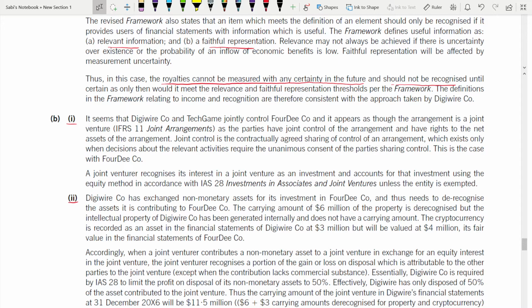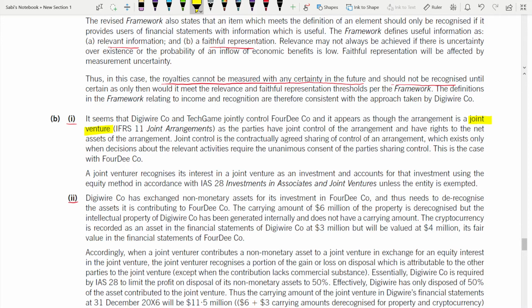So let's read the first one. It seems that DigiWire and tech company jointly control 4D, and the arrangement is a joint venture. Though the arrangement is a joint venture, you have to name it. When two companies are jointly controlling something, it could be a joint arrangement, right?